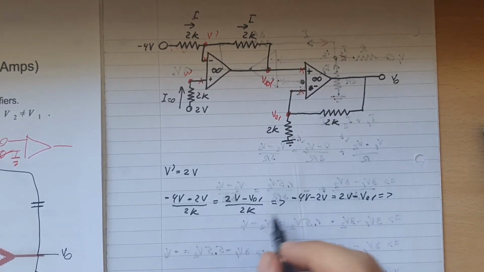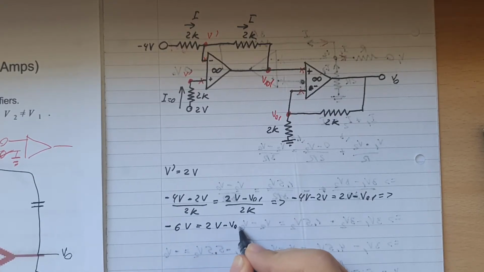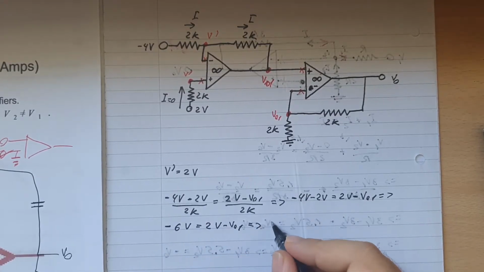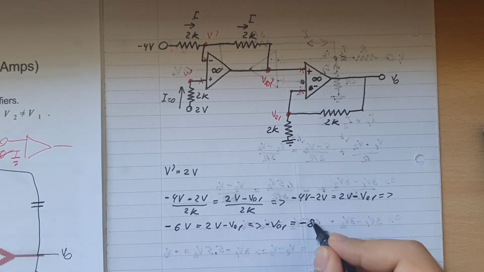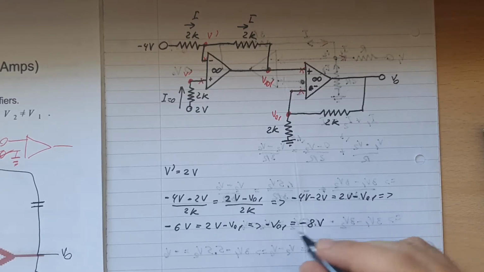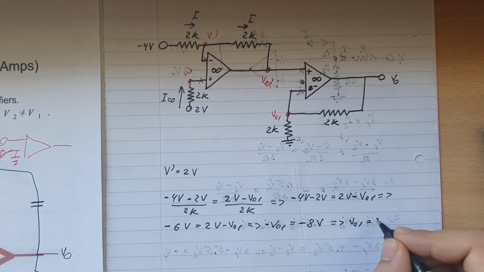Therefore minus 6V equals 2V minus VO1, and therefore minus VO1 will be equal to minus 8V. We take out the negative sign, so VO1 will be equal to 8 volts.